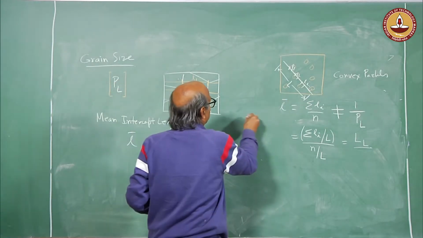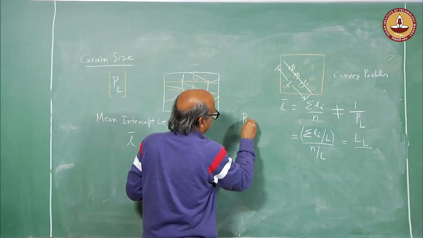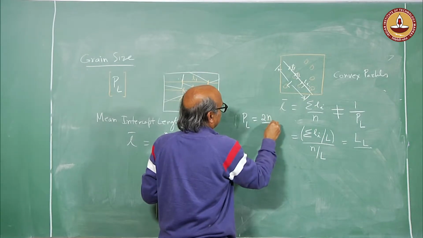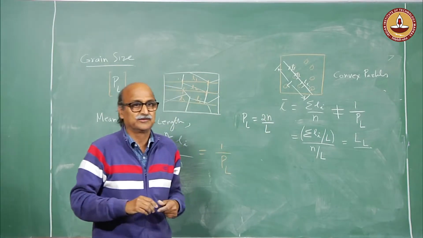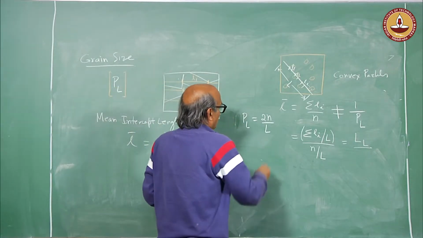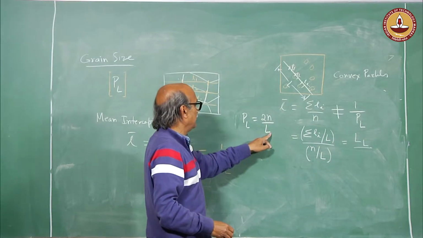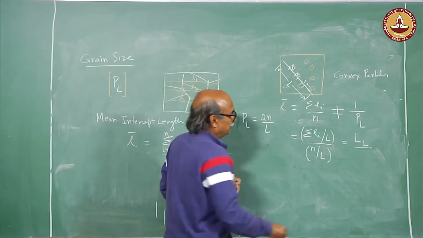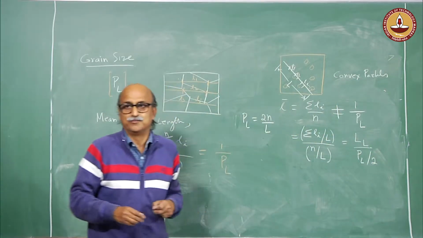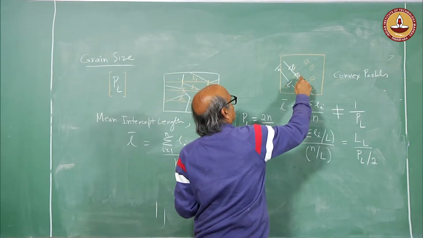So, if I were to measure PL, what is PL equal to? PL would be equal to 2n upon L, right. So, n upon L, this term would become PL upon 2, the number of intersections with the phase boundaries.